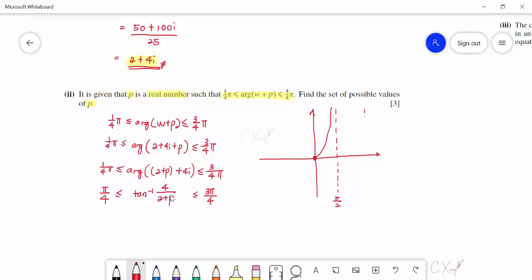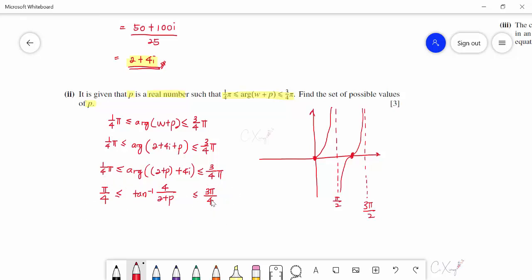This is my 3 pi over 2, and another part of the graph goes from here to here and then goes up. Now they are saying that our angle should be from pi over 4 to 3 pi over 4.